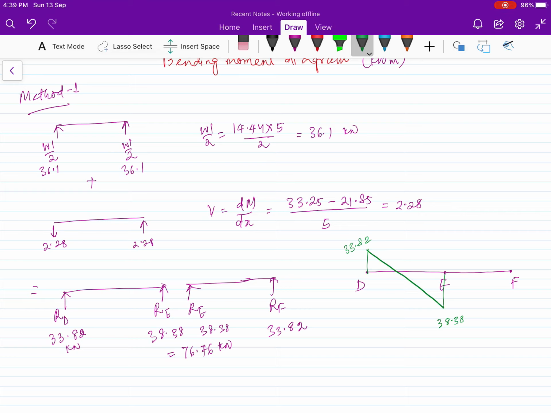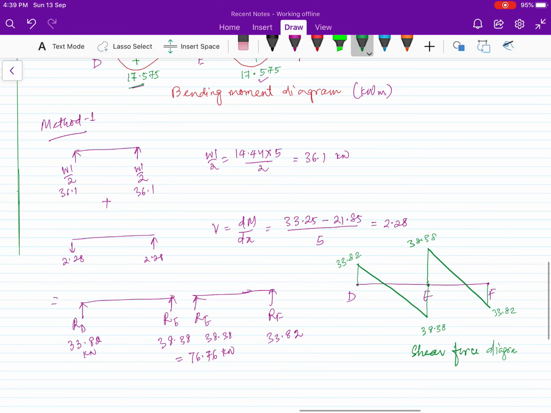Again here 38.38 and here downward 33.82. So this is your shear force diagram. You see at reaction at point E, we have 38.38 plus 38.38. This total will be your RE, 76.76 kilonewton.